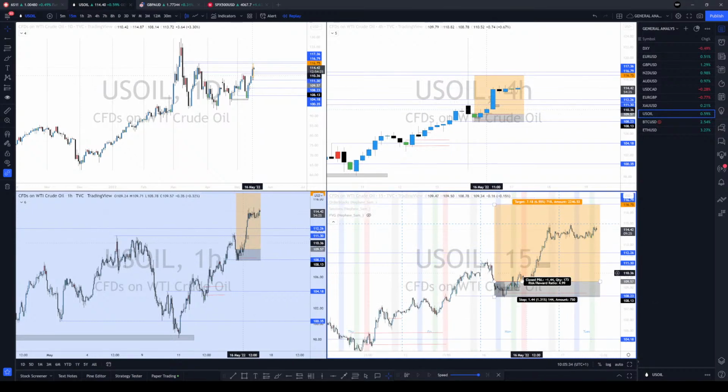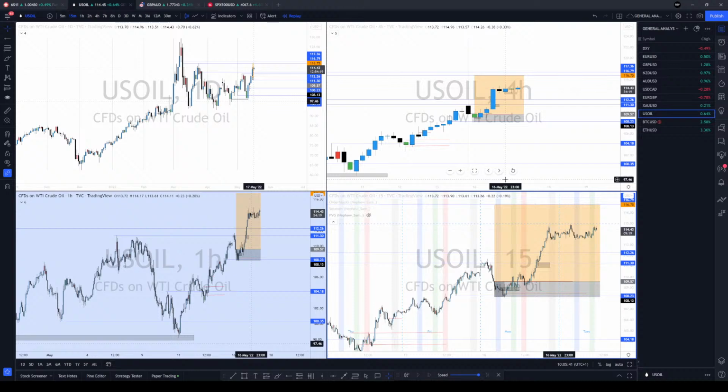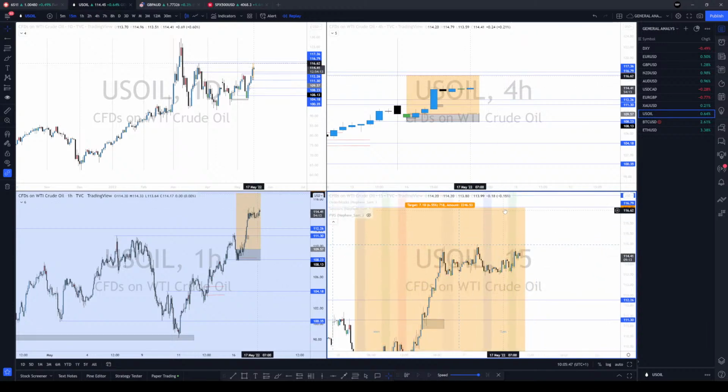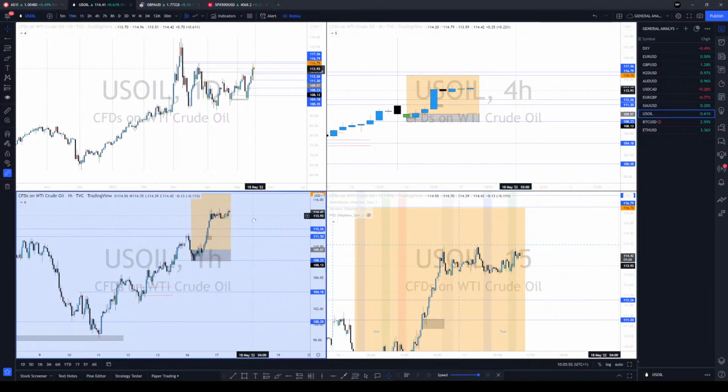So buying here during the London session and closing out here was a good trade, but my aim was for this high. So this morning I'm looking for continuation to attack that, and let me see where I got in.